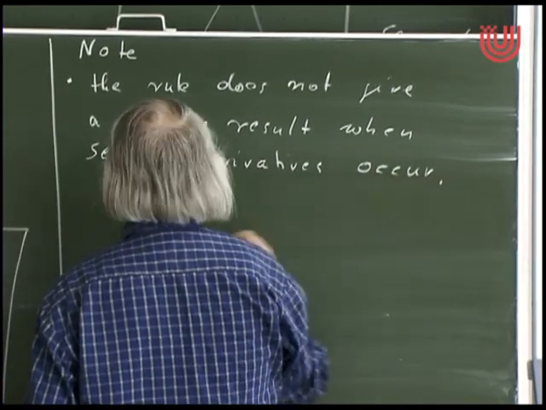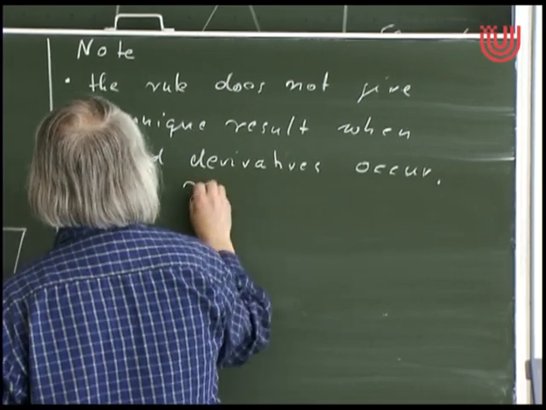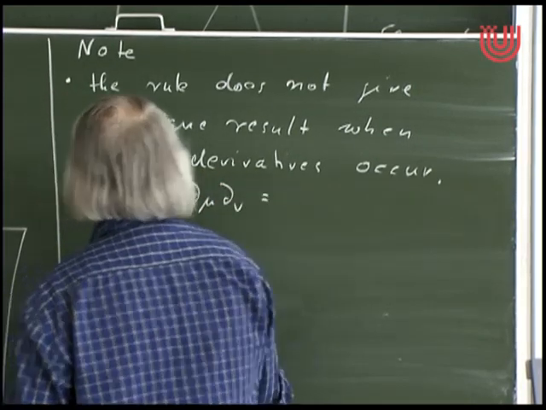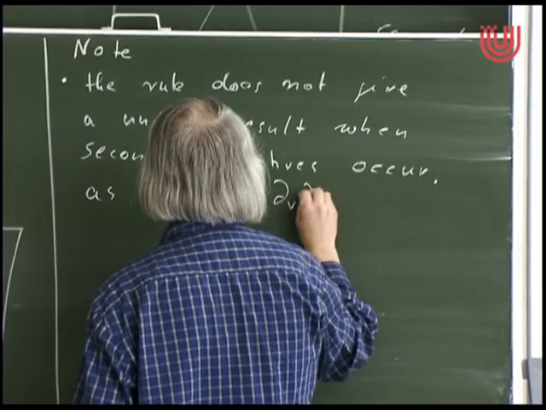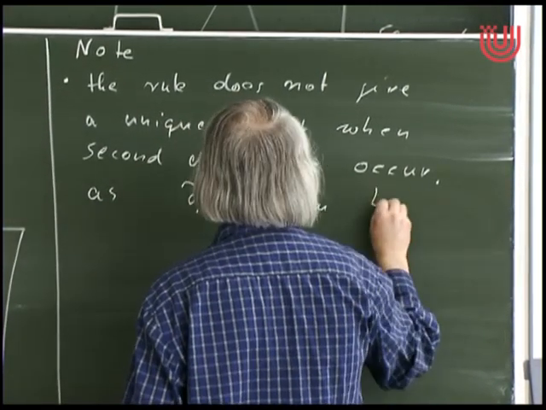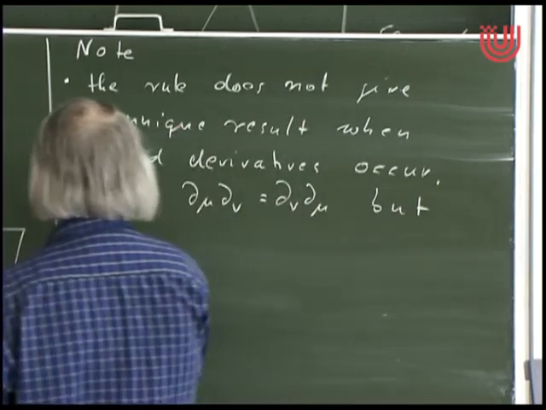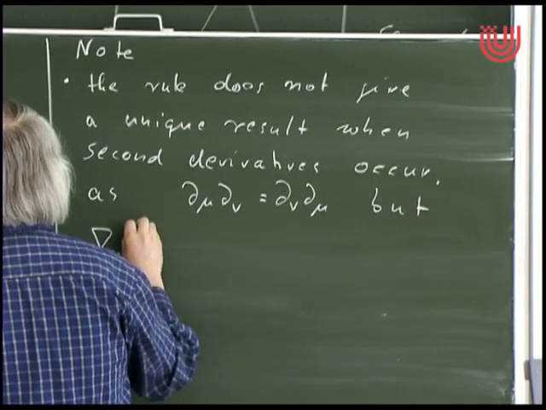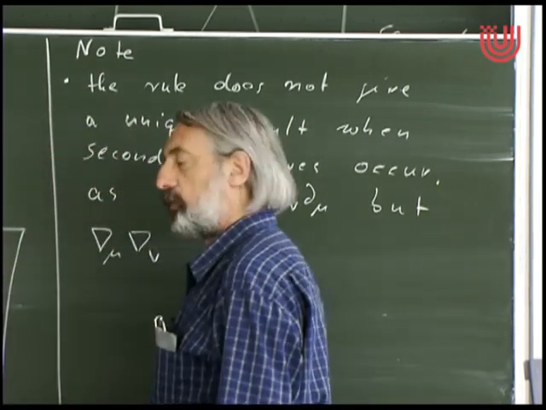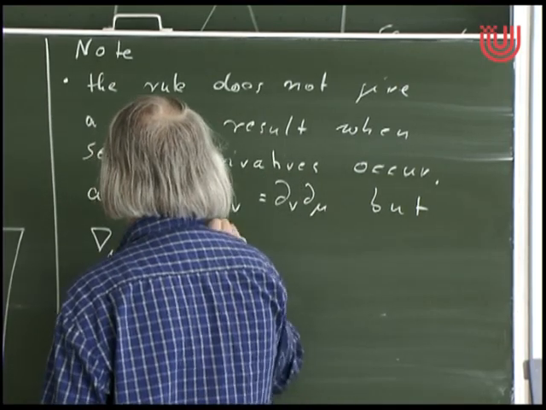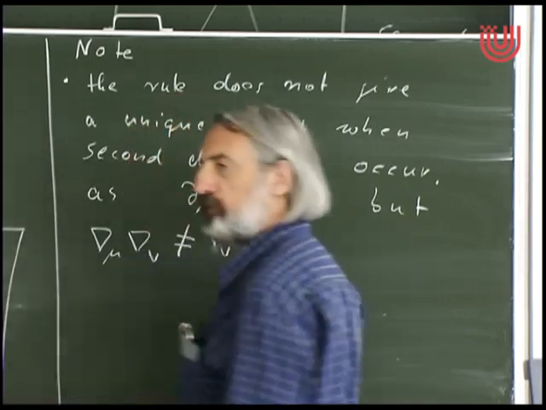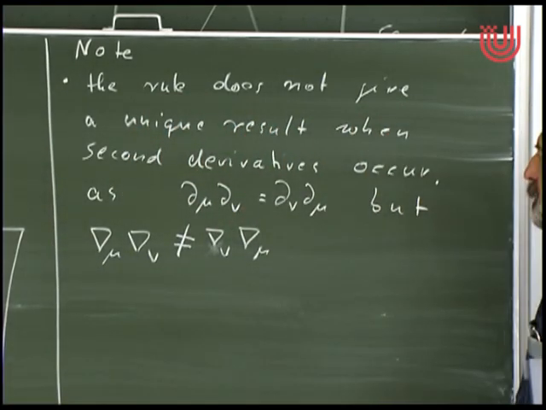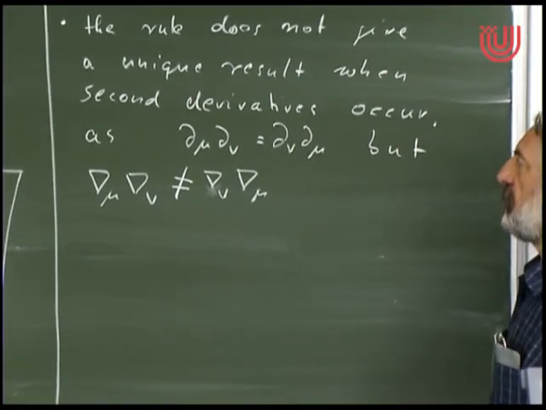And the reason is, at the special relativistic level, the order doesn't matter because the two things commute. But at the general relativistic level, when you have replaced them by covariant derivatives, you get two different things, depending on the order in which you have written the derivatives in the first place.